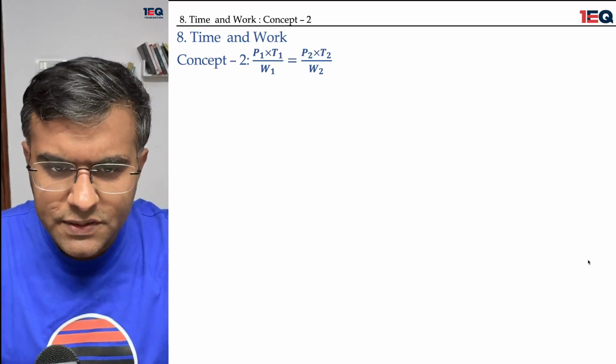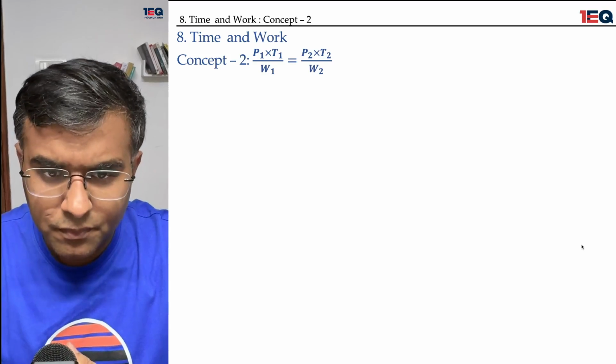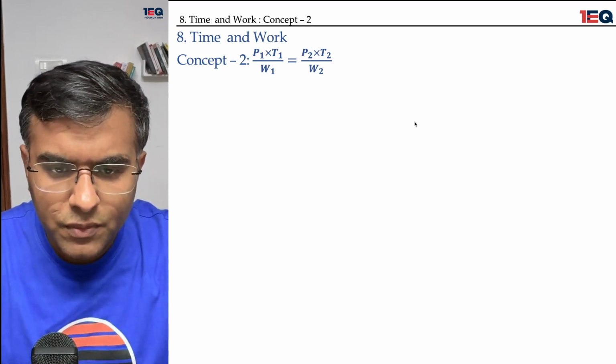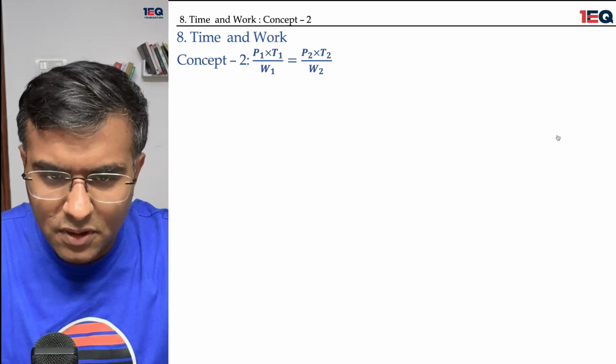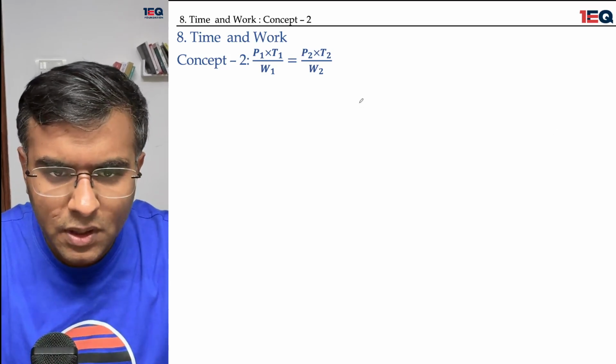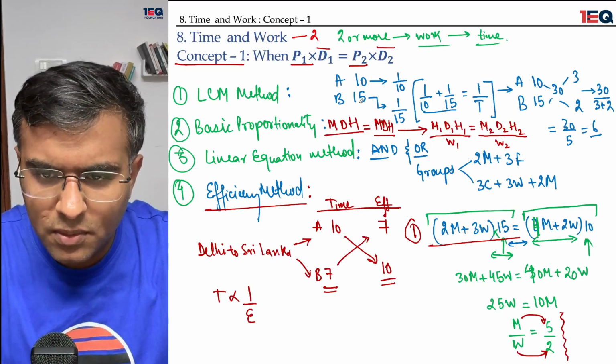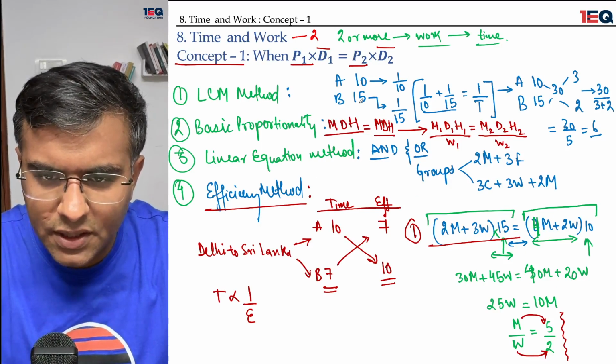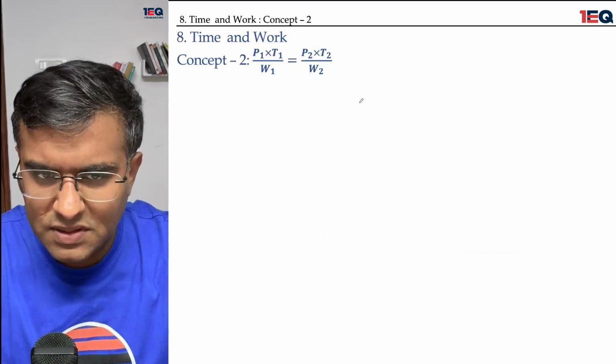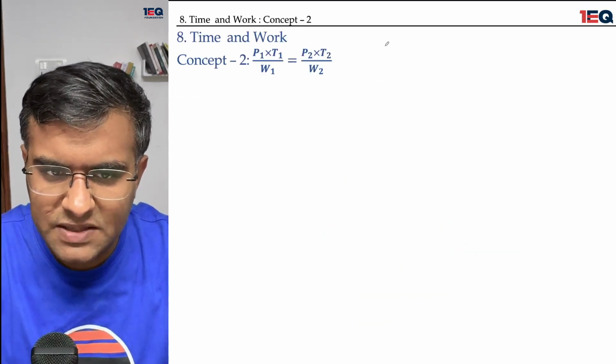Moving on to the next question. So the question is, I'll talk about the concept first. You remember I taught you the MDH concept? The MDH concept in the basic proportionality. The same thing has been talked about here also.